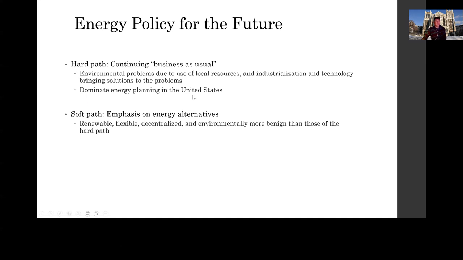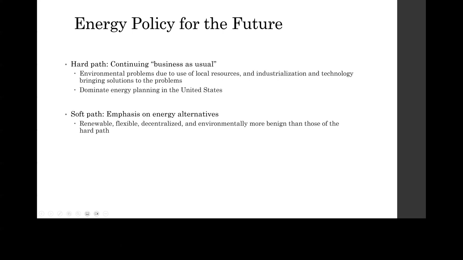For example, if you're changing from cars burning gasoline to electricity, we have to change the car completely, to electric cars, for example. So with the hard path, some people try to stay comfortable and keep doing business as usual. And the soft path basically emphasizes energy alternatives, renewable energy, which is flexible, decentralized, and environmentally more benign than those of the hard path.